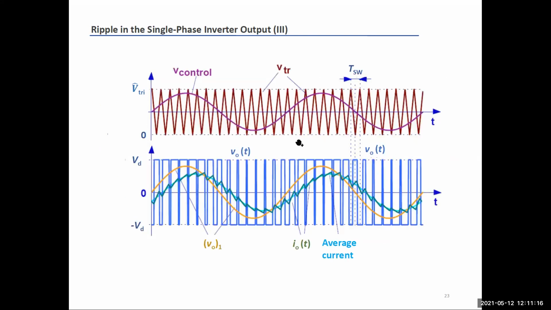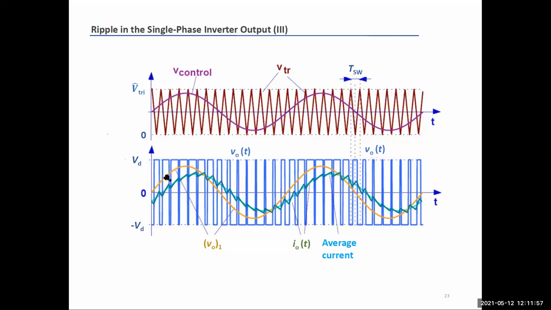Okay, again, this is the plot for the bipolar pulse width modulator, so exactly the same curve I showed you before. You can see the output voltage ranging from negative VD to plus VD. Superimposed on this blue curve, there is the fundamental component of the output voltage, the orange curve here, which is a sine wave. And then you also have the I naught current. As you can see, the I naught current is again a sine wave. It's a little bit delayed because you have an inductive ohmic load. So current and voltage V naught and I naught are not in phase.